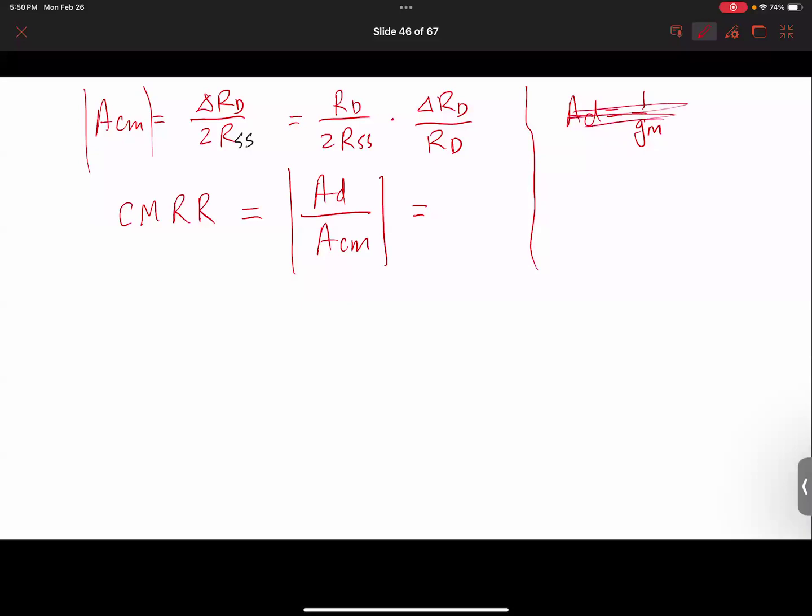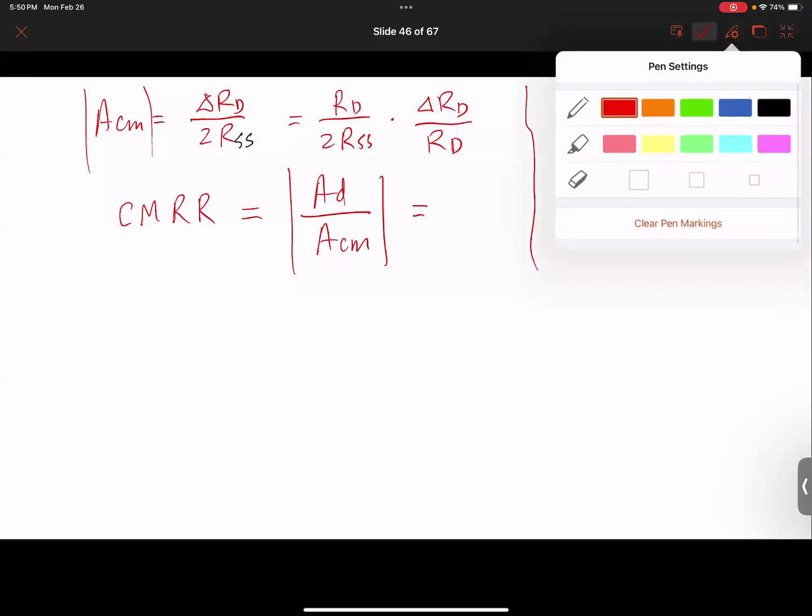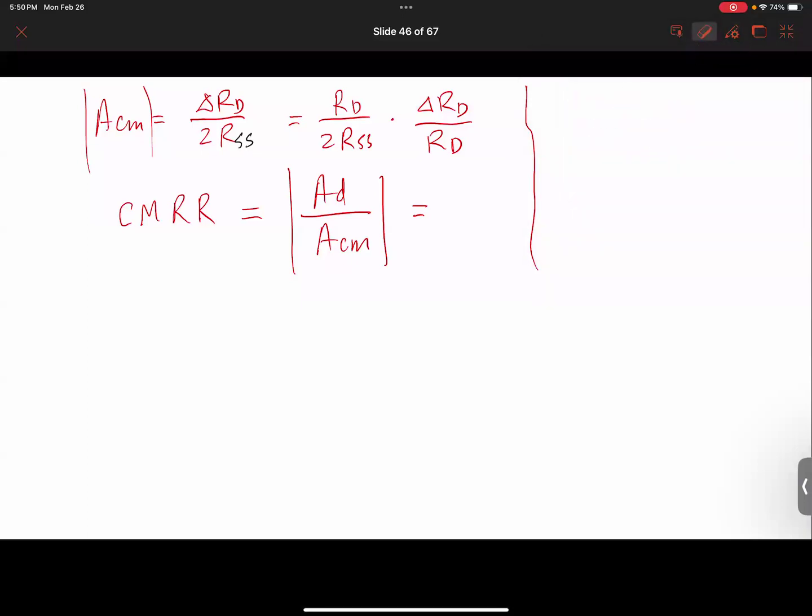Well, if we know that, we can possibly go back and derive it, because that gain is going to be GM times VGS times RD. So VO1 equals this, right?